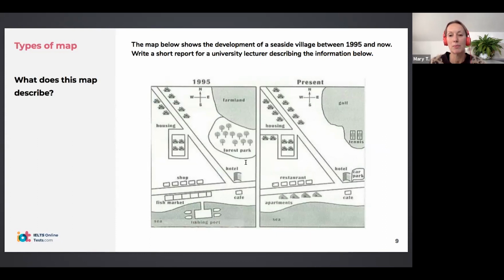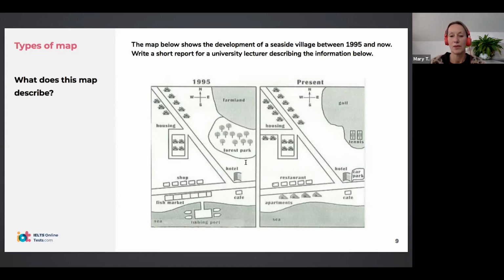What does this map describe, first of all? Changes, that's right, Abdallah. Yeah, seaside village, yeah, changes. Yeah, the main thing is describing changes, and it's looking at development, environmental changes, the area.